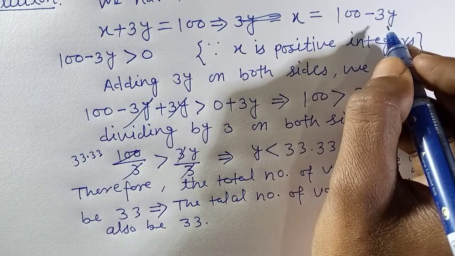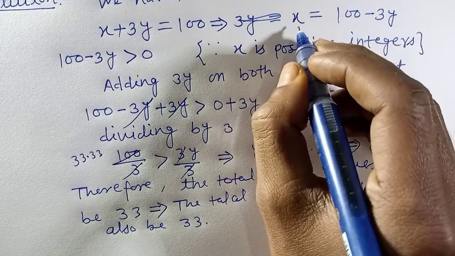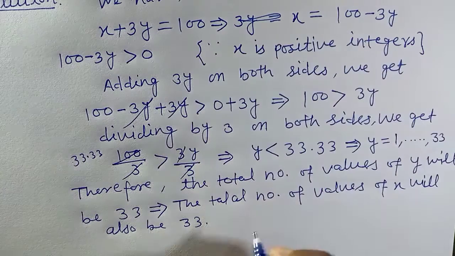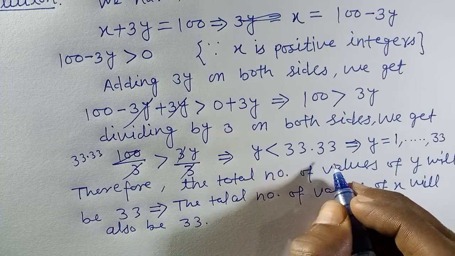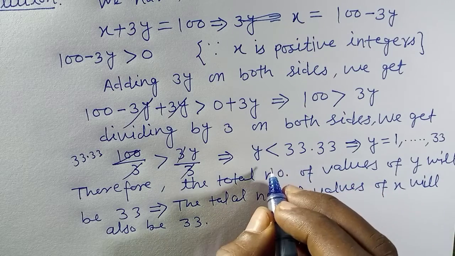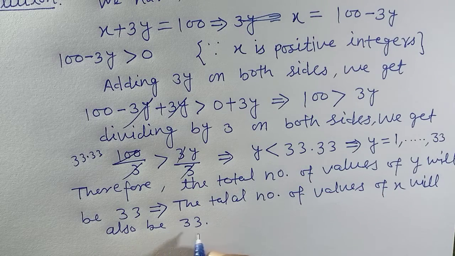So for each value of y we get one value of x. So if there are 33 values of y, then there will be 33 values of x too.